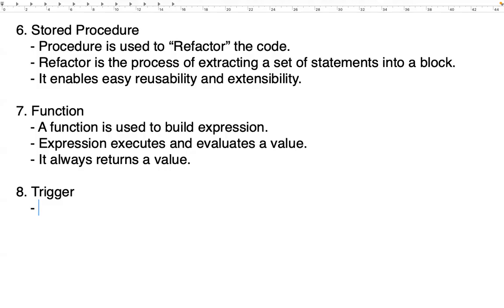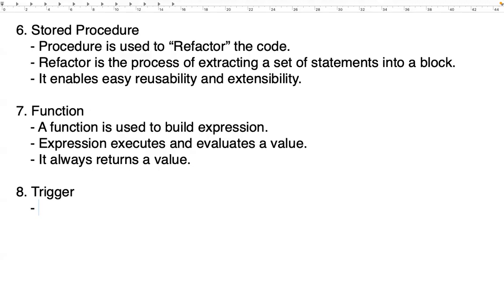For example, we have three functions to execute. If you write all these three functions in a button click, on button click, it will execute all three. That means the button click is a trigger to execute all the functions.